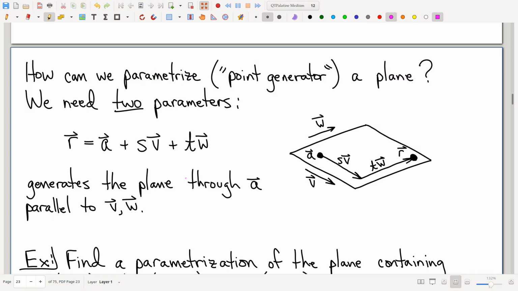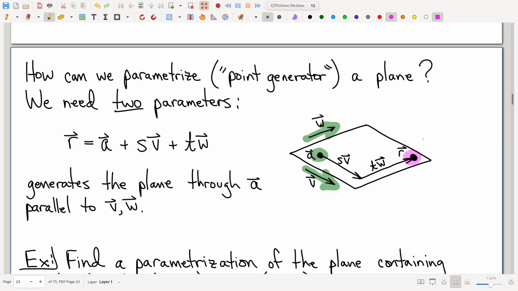Right? So here we're only going to talk about parametric planes. We will later talk about general parametric surfaces. They're going to be an important tool, so this is just our first starter example. If what you know about a plane is that you have a point in the plane and a couple of vectors parallel to the plane, and you want to use them to generate, not to test, right?